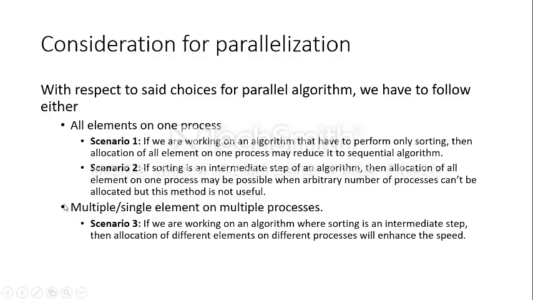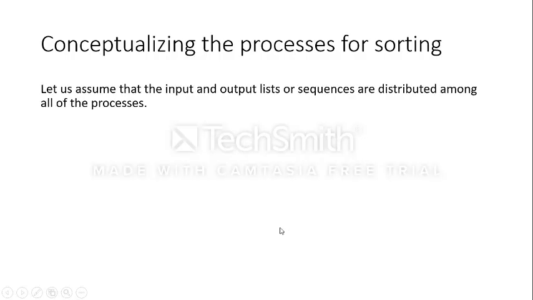Here it should be noted that multiple elements may mean that I can assign the same number of elements onto each process, or an unequal number of elements are to be assigned onto the multiple processes. Now there are different concepts.